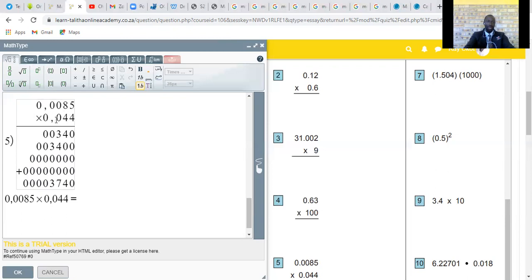So 1, 2, 3, 4, 5, 6, 7. There are 7. So from here we count 1, 2, 3, 4, 5, 6, 7. Yes, that is what we have.